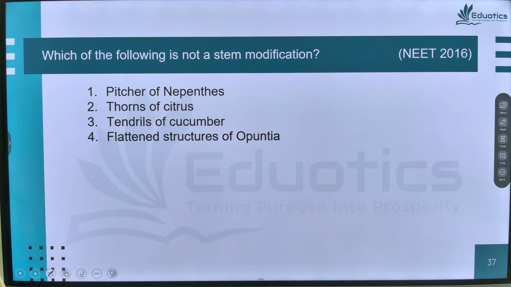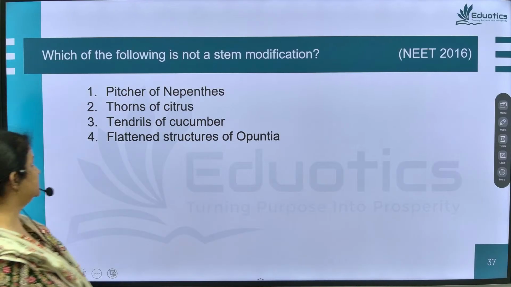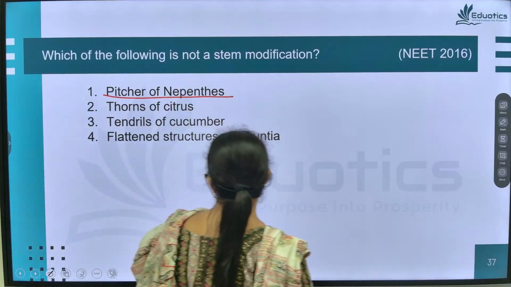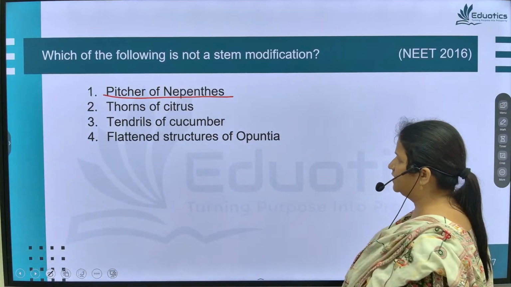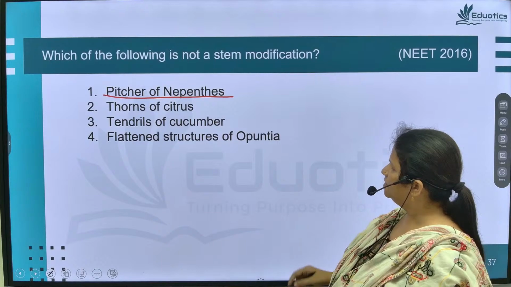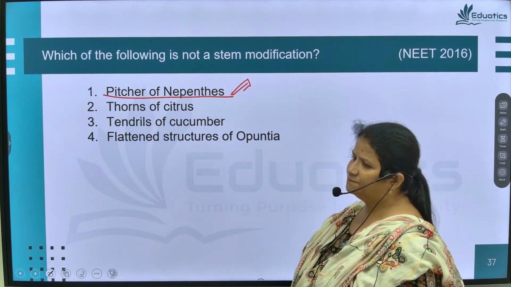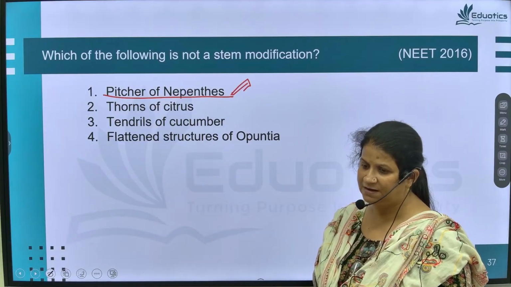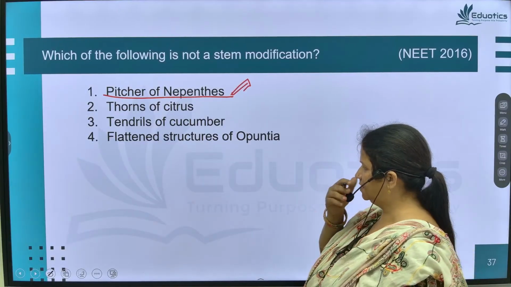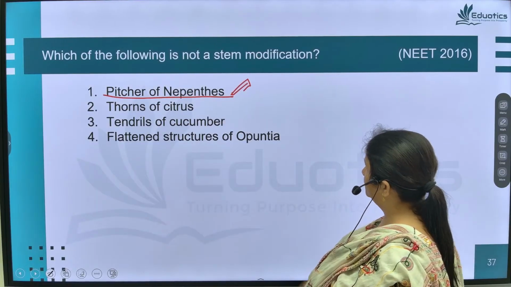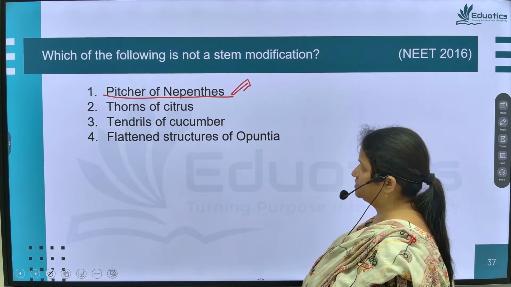Which of the following is not a stem modification? Picture of the Nepenthes, thorns of citrus, tendrils of cucumbers, flattened structure of opuntia. Of course, the picture of Nepenthes is a modification of the leaves, so it is not a stem modification.